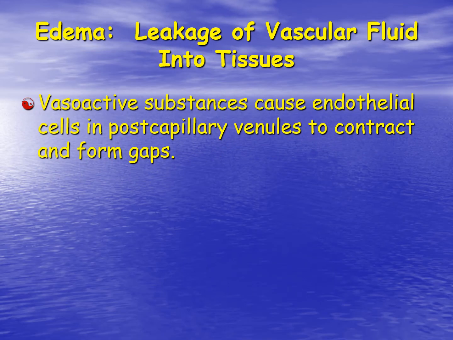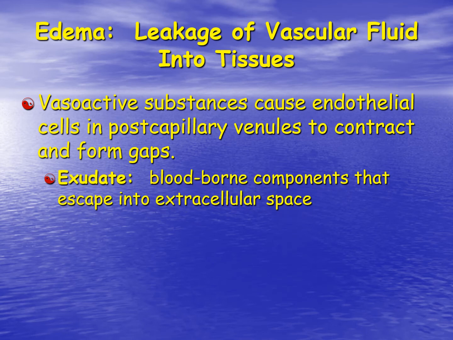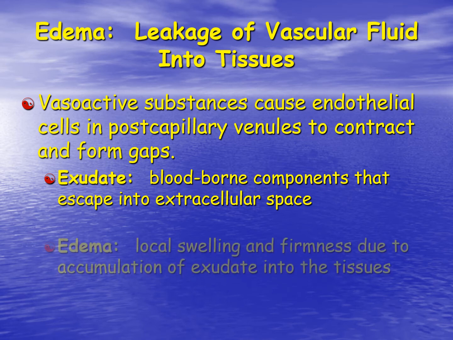Now, edema. As these blood vessels get larger, the endothelial cells begin to pull away from each other, making them leaky. And so fluid as well as even small proteins will be able to exit from the plasma into the extracellular space. This causes the edema, the swelling, and eventually the exudate.